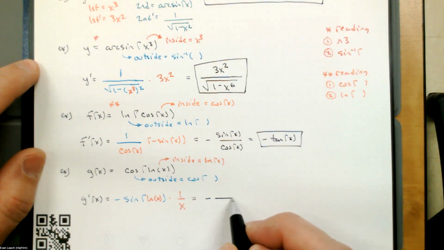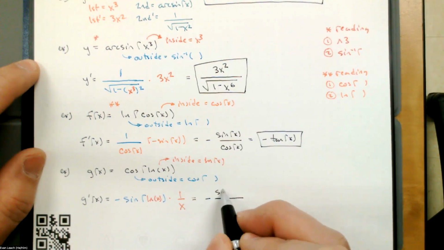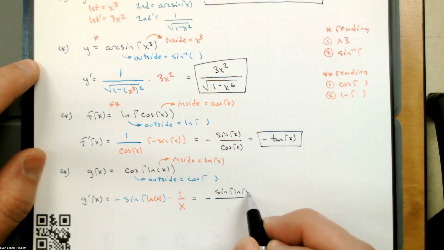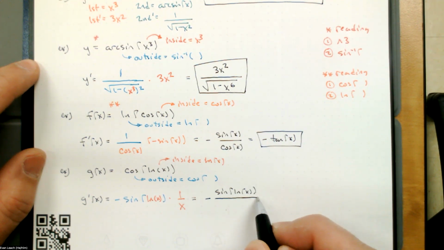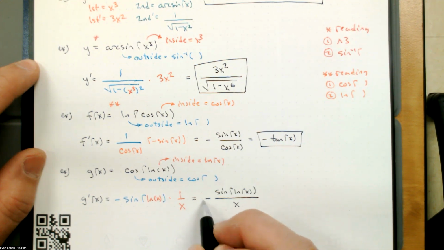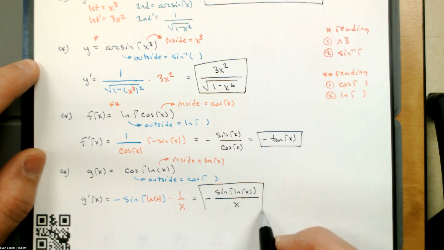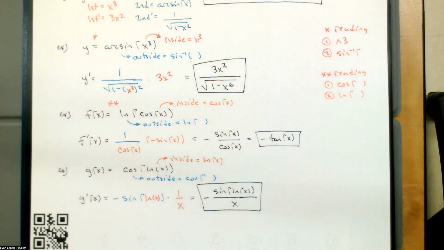But I always leave my negatives out in front of my fractions. I don't like the look when the negative is clearly up on the top of the fraction. I don't know why.